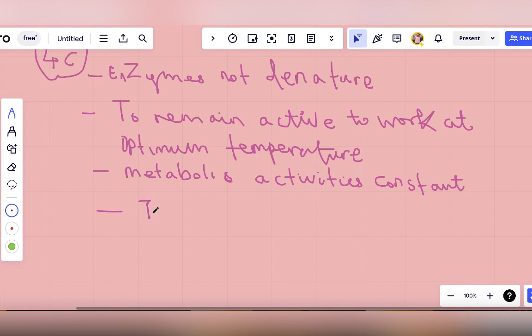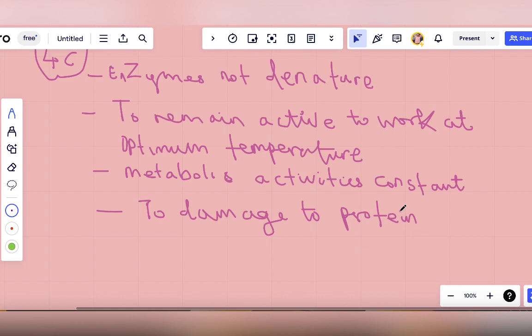So you have to keep the temperature of the body constant to avoid damage to the protein, to protein synthesis or protein itself. Okay, protein is life. Protein makes the gene in the DNA. So if anything happens to your protein, you are in trouble. Protein is responsible for most of the things in our body.